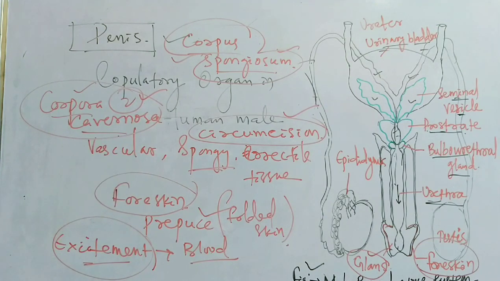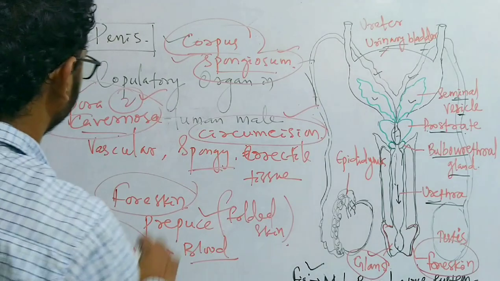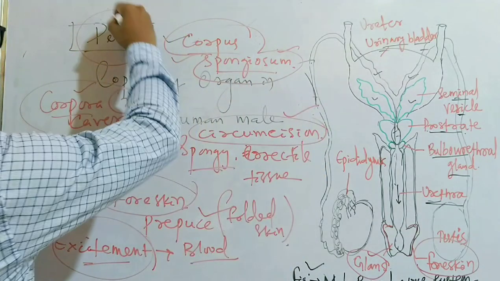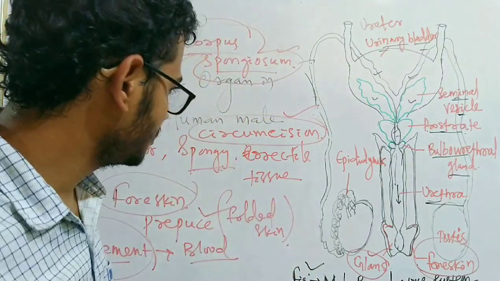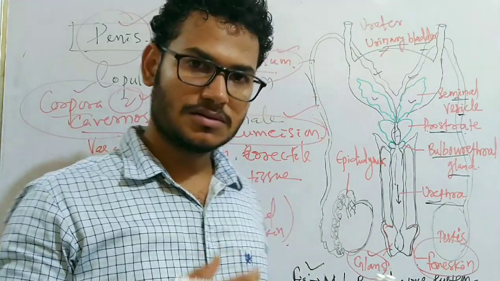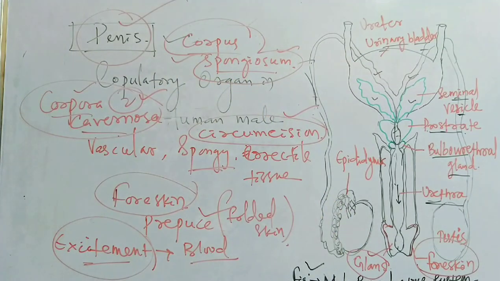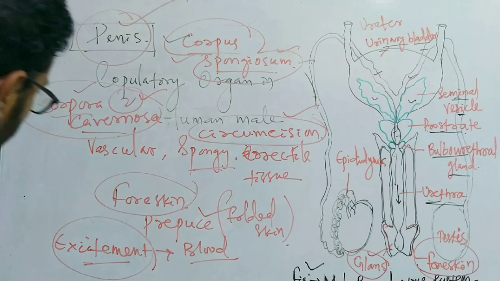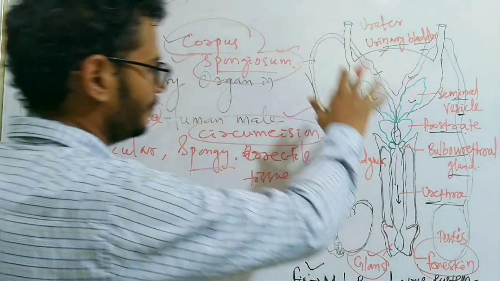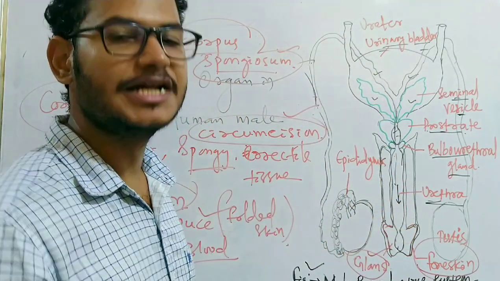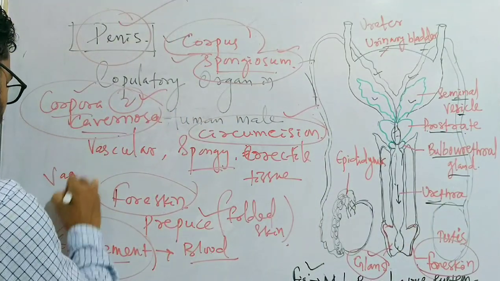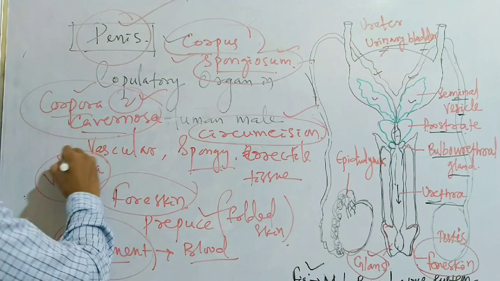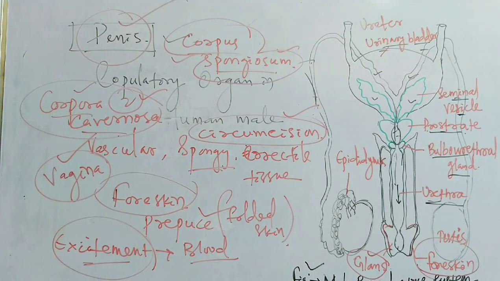The penis, which is the genital organ of the male reproductive system, serves to transmit the sperms from the male reproductive system into the vagina of the female during sexual intercourse.